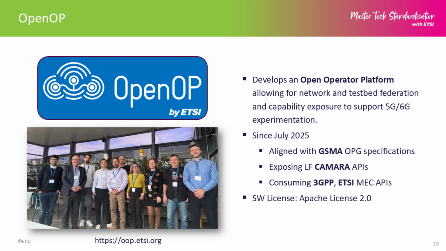OpenOP develops an open operator platform, allowing for network and testbed federation and capability exposure to support 5G and 6G experimentation. Despite being the latest of the groups, created in July 2025, the community is rapidly expanding.